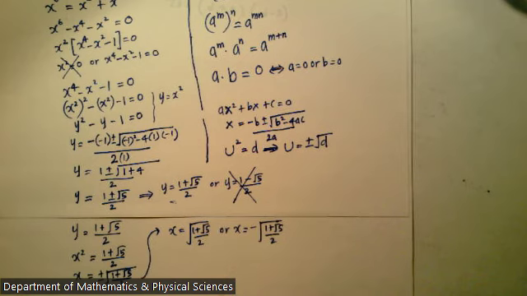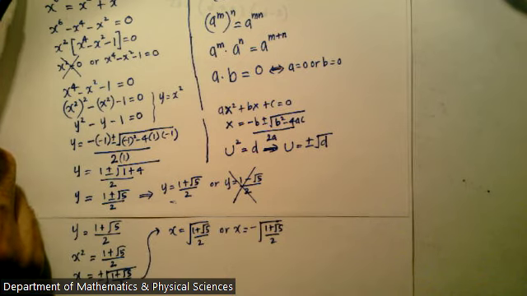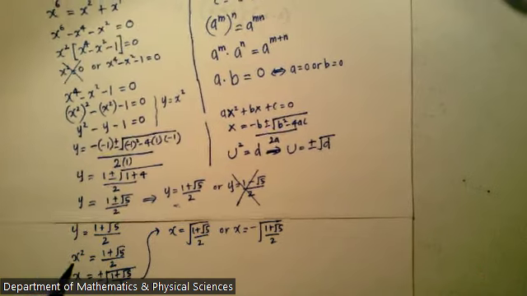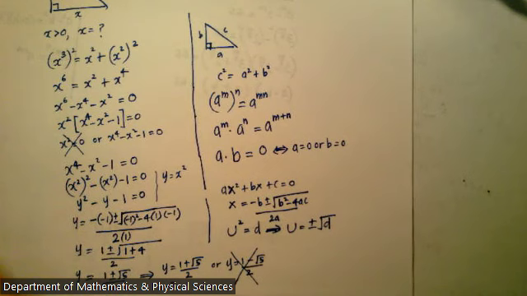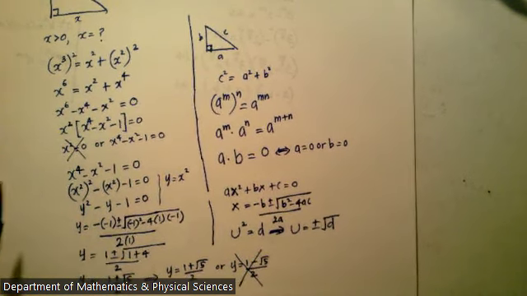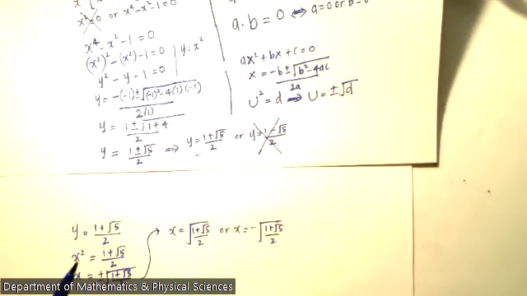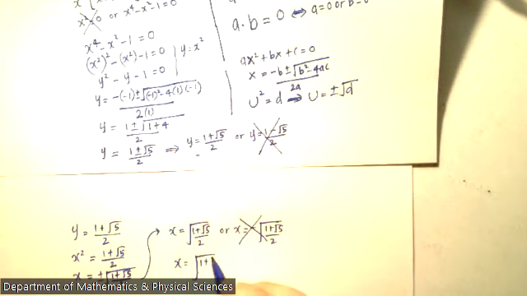And x is the length, and it needs to be positive to start with, if you remember, therefore it cannot be negative. So x cannot be this solution. Therefore, the only solution is x is equal to square root of 1 plus root 5 over 2.